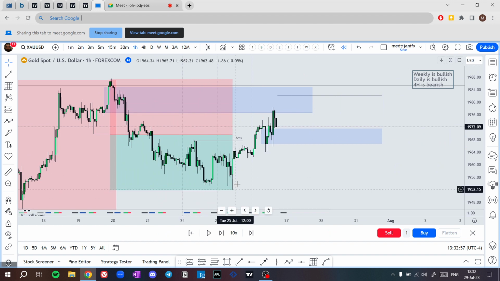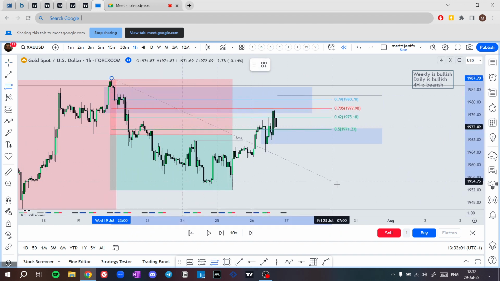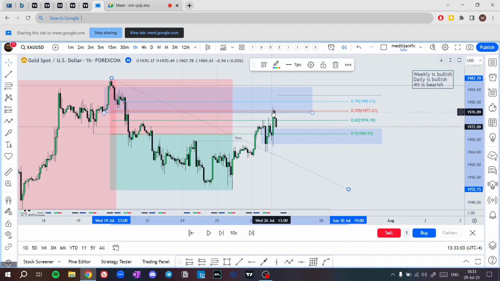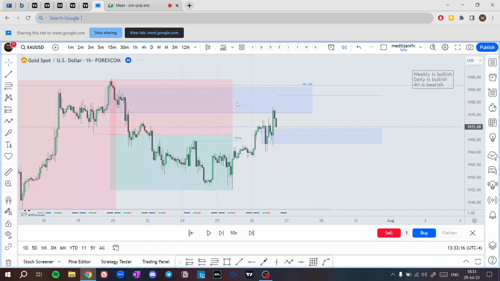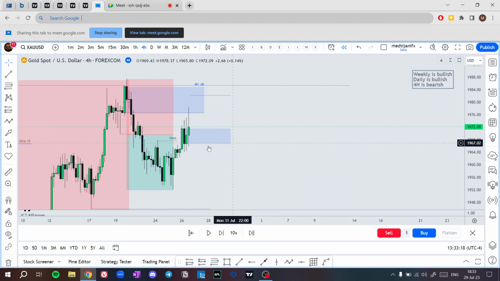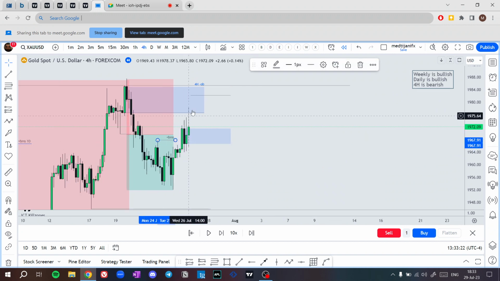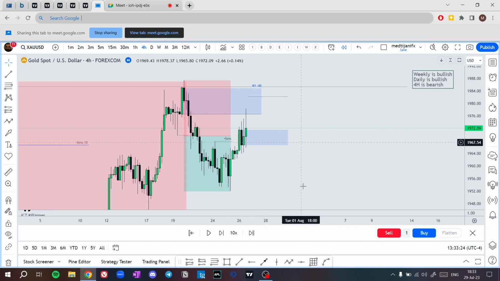For price to go to optimal trade entry inside this 4 hour order block, because if you remember, this is a 4 hour bearish order block, this one.